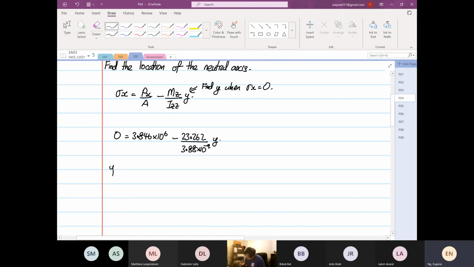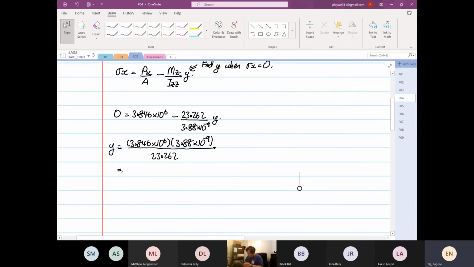So y is equal to 3.846 times 10 to the power 6, now multiply 3.88 times 10 to the power minus 9, divided by 23.262.